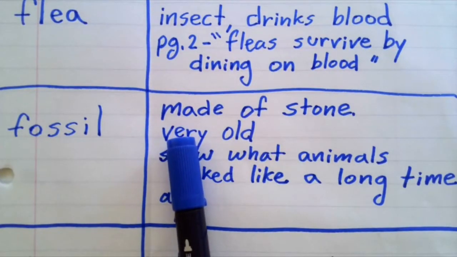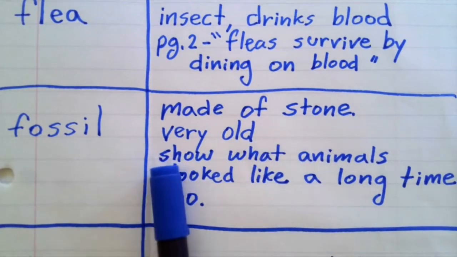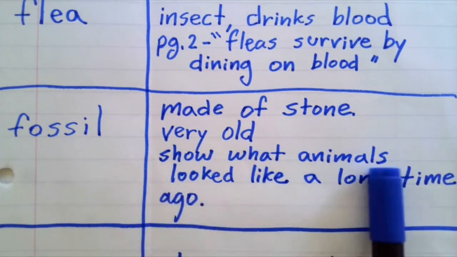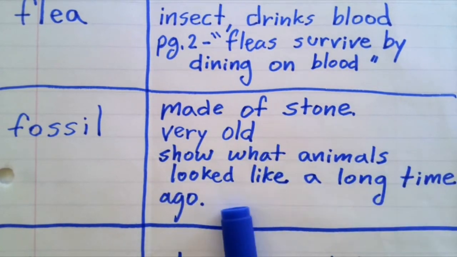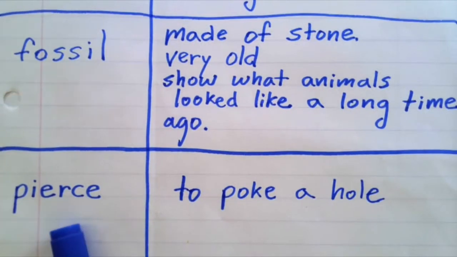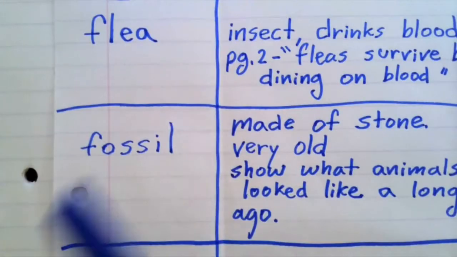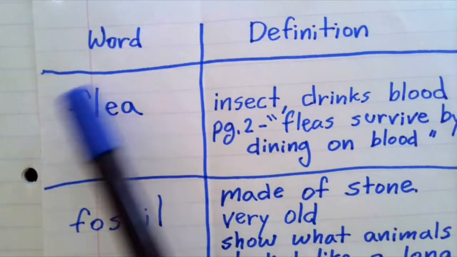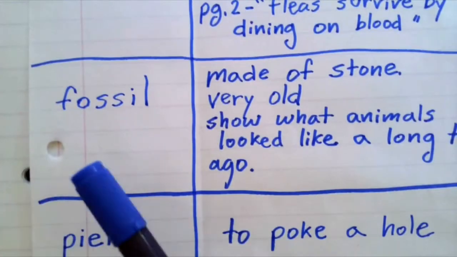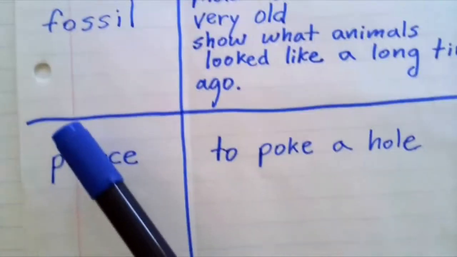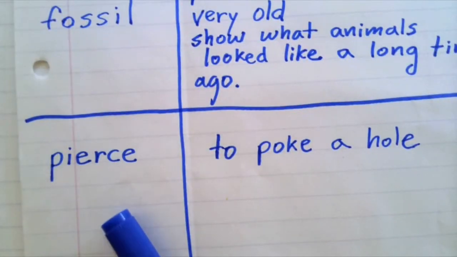We wrote that fossils are made of stone. They are very old. They show what animals looked like a long time ago. We wrote down to pierce means to poke a hole. We will use these words to help us find key details or the most important information in the text.